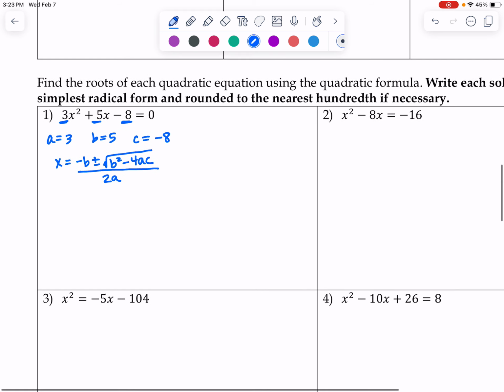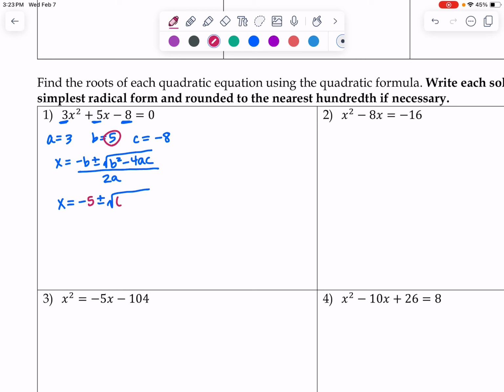Right? So x equals negative, and then our b value is 5, plus or minus the square root of b squared.